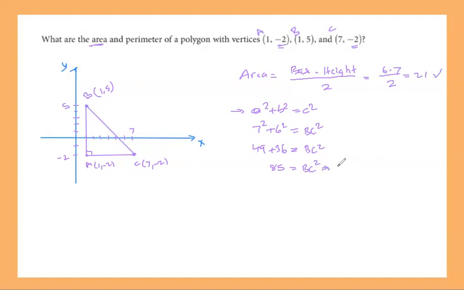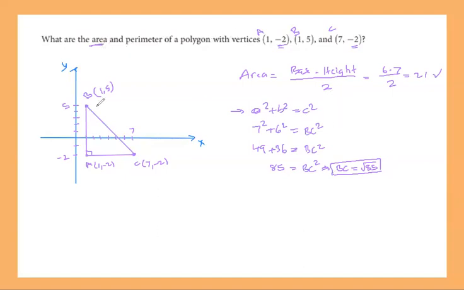If you take the square root, BC would be the square root of 85. You may leave it as an exact value, or you can calculate it in decimal, but that's not what I like to do because the problem doesn't ask for that.